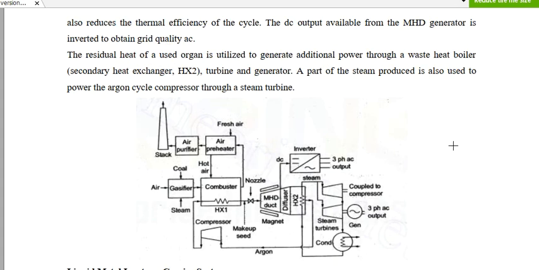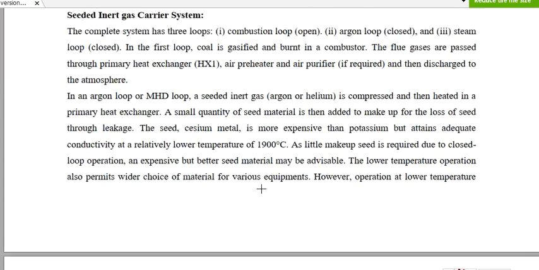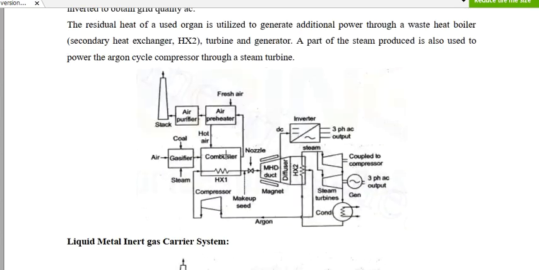Here, we can observe the same thing in the figure. First, as usual, the coal is burned, and by burning the coal some heat is generated, which is given via the first heat exchanger to argon, which is our working fluid.